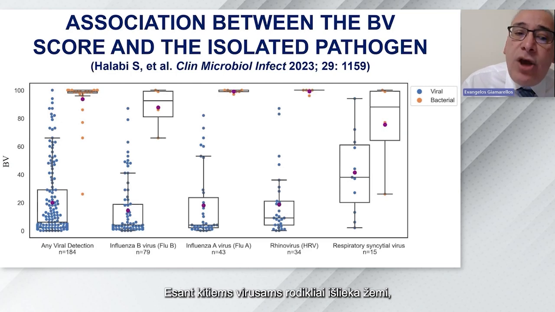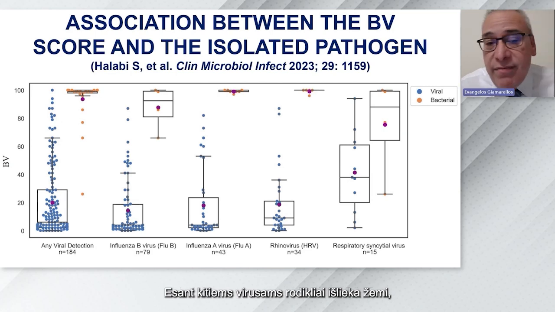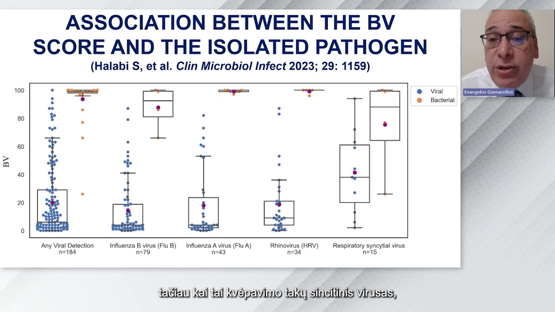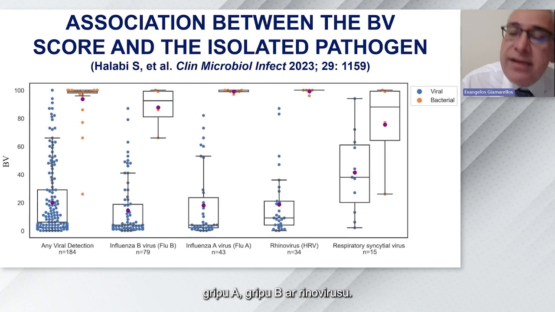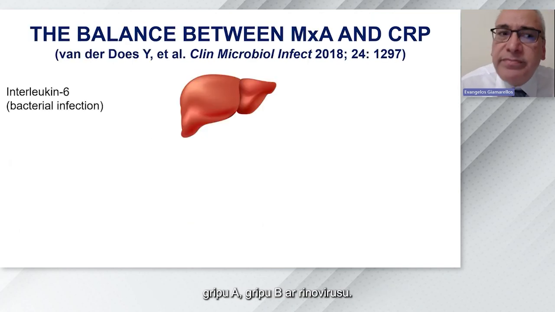Others stay low for any virus, but you see that when it comes to respiratory syncytial virus, the assay provides a much worse readout compared to influenza A, B, or rhinovirus.